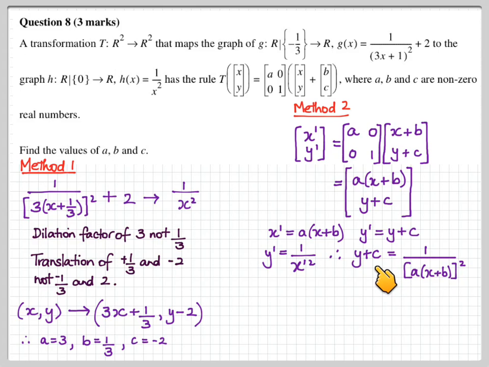And y plus c, well, I'll just take it one step further. y is really g of x, and 1 plus a x plus b squared minus c is really all of this over here. So these values is what I'm going to be given to transform into 1 over x squared. So you can see that a is going to be 3, b is going to be a third, minus c is 2, so c is going to be minus 2.